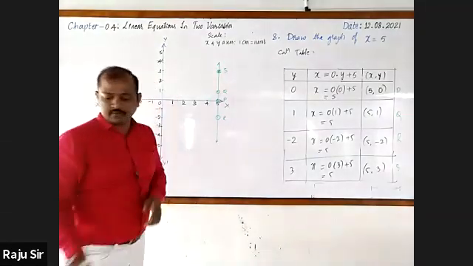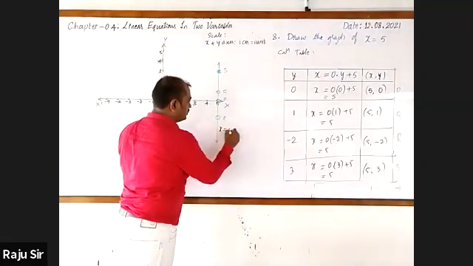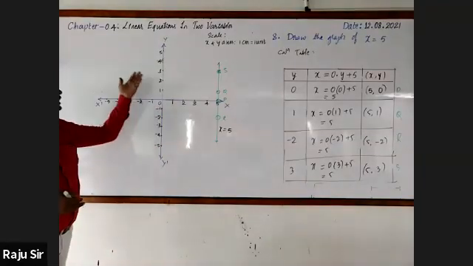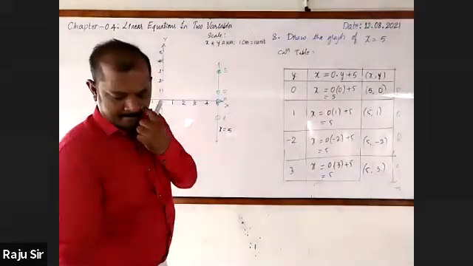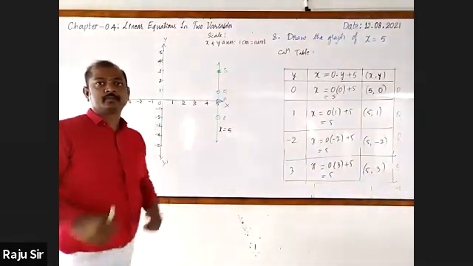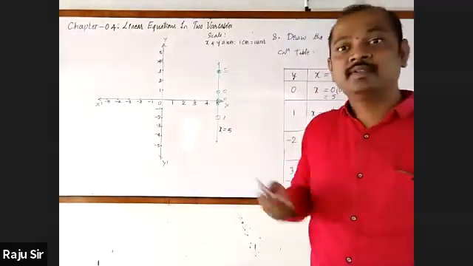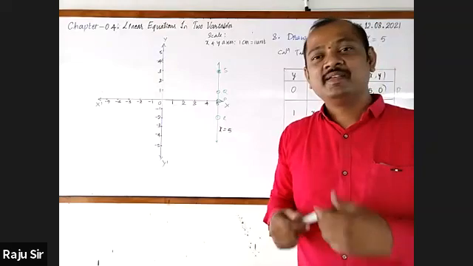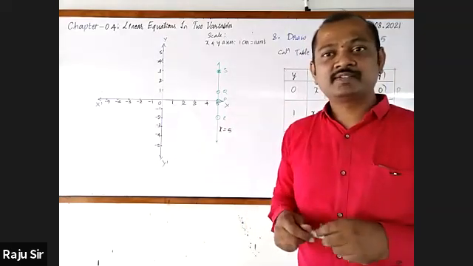You get the graph like this. It is x equal to 5. This is parallel to the y-axis. Manya, we are discussing. We will be observing you, and other students also.